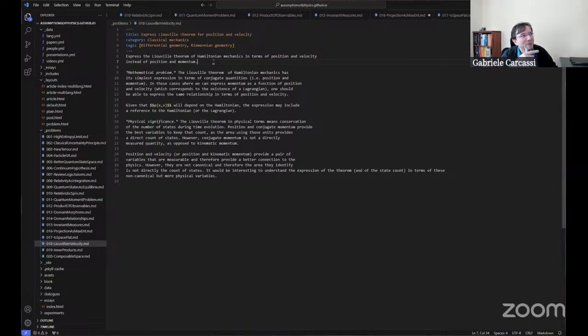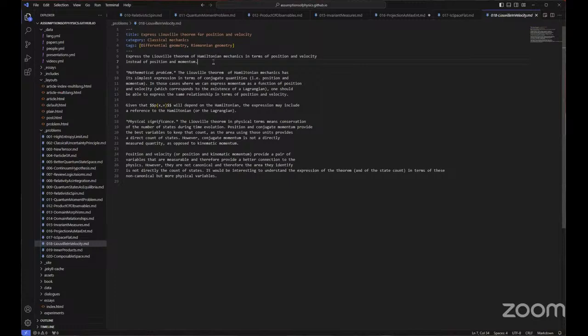So maybe if we had an expression of the Liouville theorem in these terms, and knowing that if you have a region of initial conditions for one observer, that would correspond to a different region of initial conditions for the other observer, but the count of states, so this volume, should be the same. And so maybe you start understanding, oh, when you do this coordinate transformation, states get mapped in this way, these funny things happen, you get a more geometrical picture of a lot of these things, right? That would be the hope.